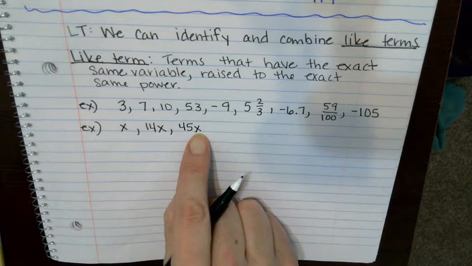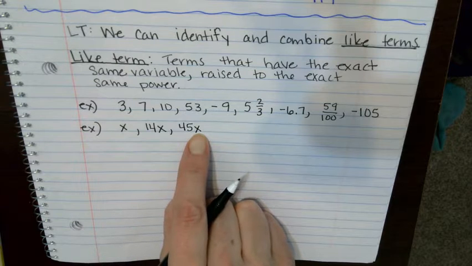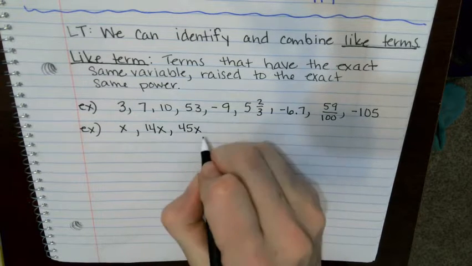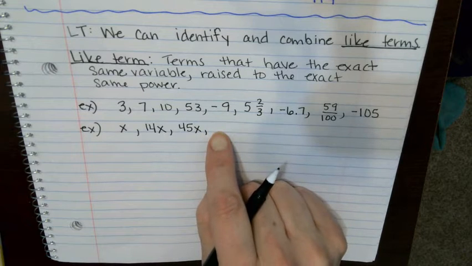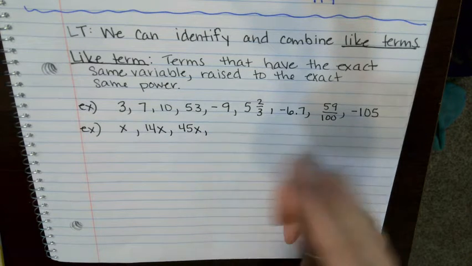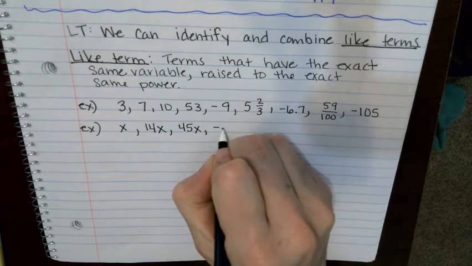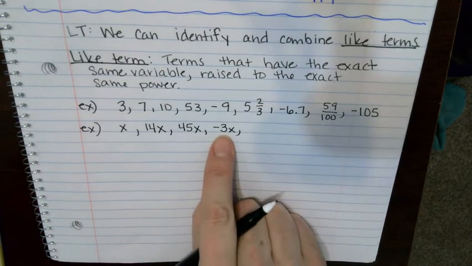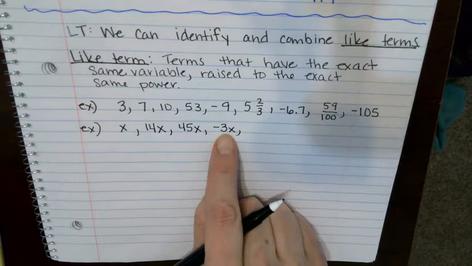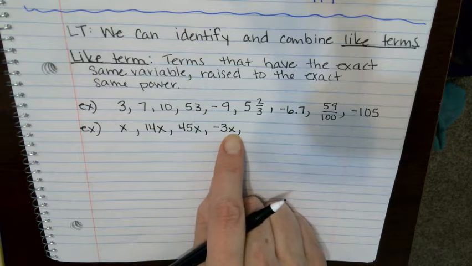It really just matters about the variable. Just like you could have negative numbers up here, you could have a negative x value. You could have something like negative 3x. This just means I'm going to subtract 3x, right? And the variable stays the same.